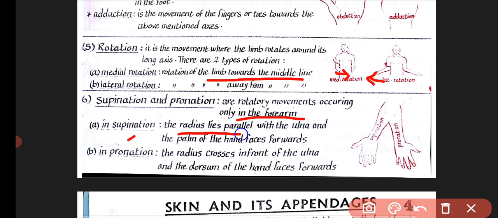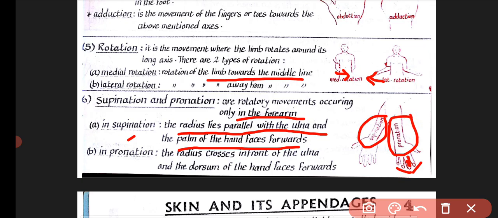The radius lies parallel with the ulna and the palm of the hand faces forward. That is known as the supination movement. When the palm faces downward, that movement is known as the pronation movement.